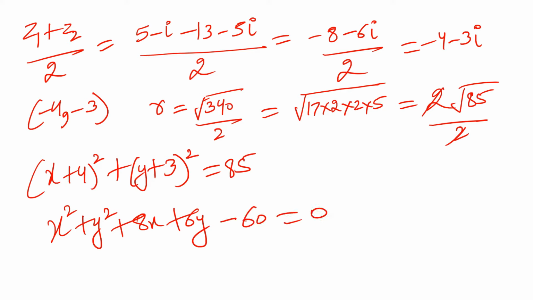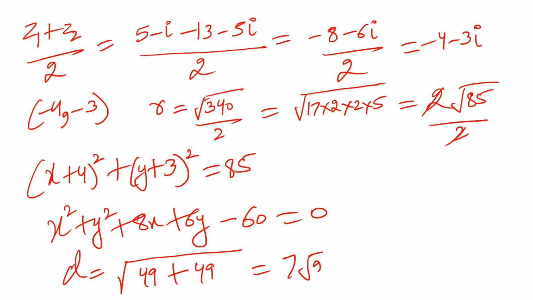Now students, if you calculate the distance between the centers of these two circles, the distance comes out to be under root of (3 plus 4) whole square, that is 49, plus (4 plus 3) whole square, again it is 49. So that means it is 7 root 2. And you already know the values of R1, the radius of the first circle, that was under root of 13, and R2, that is under root of 85.